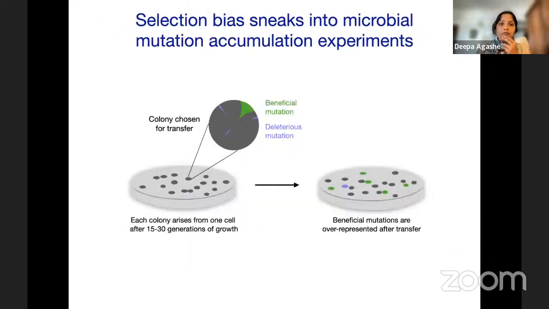So now the only problem is there is some selection bias that can sneak into these mutation accumulation experiments, especially when it comes to microbial populations. So let me give you an example of what I mean. Let's see, here's a plate. Imagine there's an agar plate on which we have bacterial colonies. And like I showed you before, we're choosing one colony at random to transfer for the next generation, for the next plate.